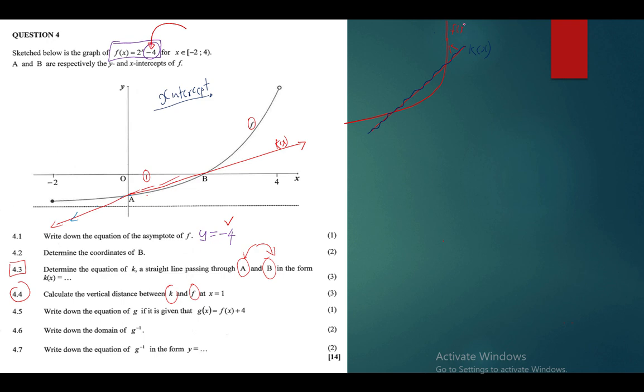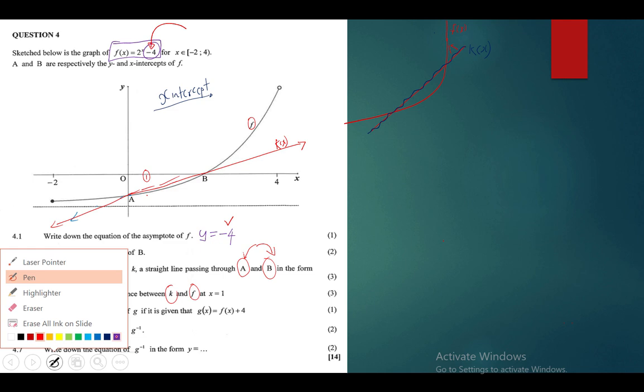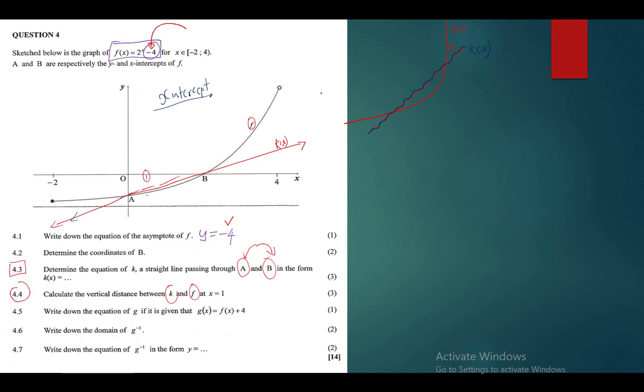So they want to know the vertical distance at x equals to 1. Let me create also the Cartesian plane so you can see it. Let me create the x-axis and the y-axis.